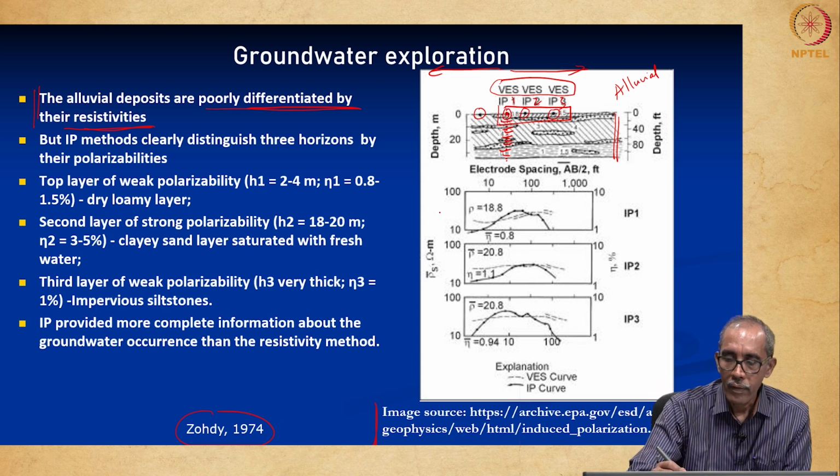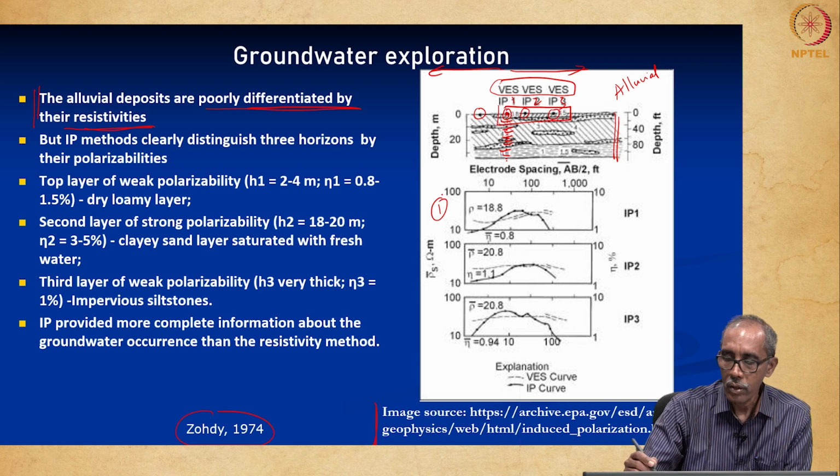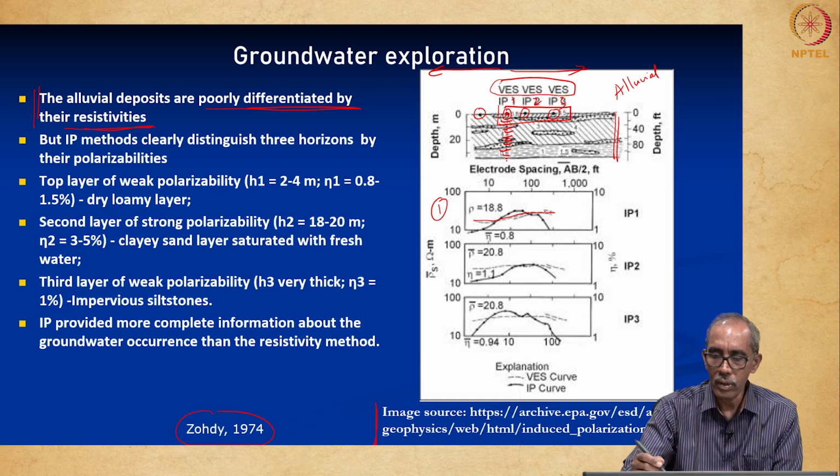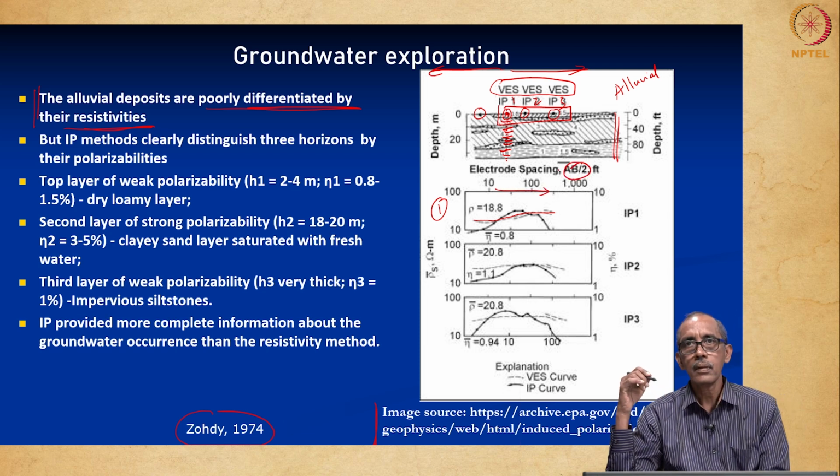This is location number 1. Here what you see is the light colored line, which is the resistivity variation. So, there is not much variation in resistivity with respect to depth. What is this axis? This axis is the electrode spacing, right.